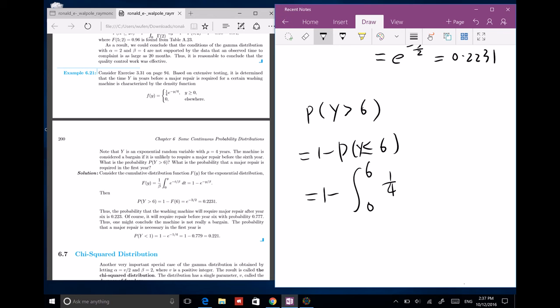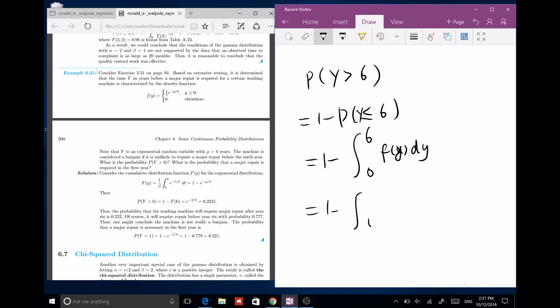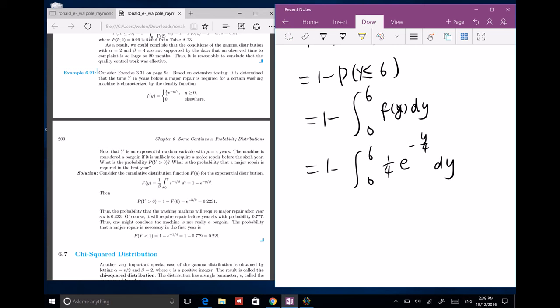This is a density function, f(x) dx, or f(t) dt, or f(y) dy. The density function is given.